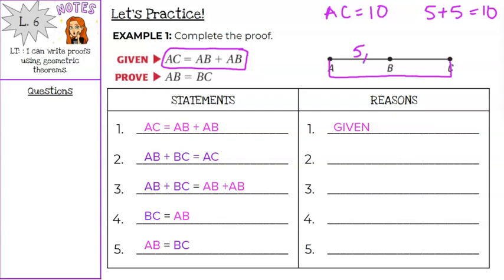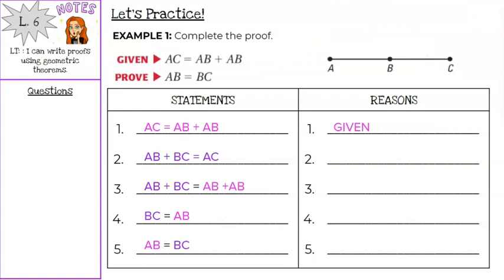So then AB would be the same thing as BC, so BC would also be 5, which should make sense because AB plus BC has to equal this whole AC, which would have to go back to that 10. So I'm making sense in my brain of what I'm trying to prove, and then we walk through the proof.